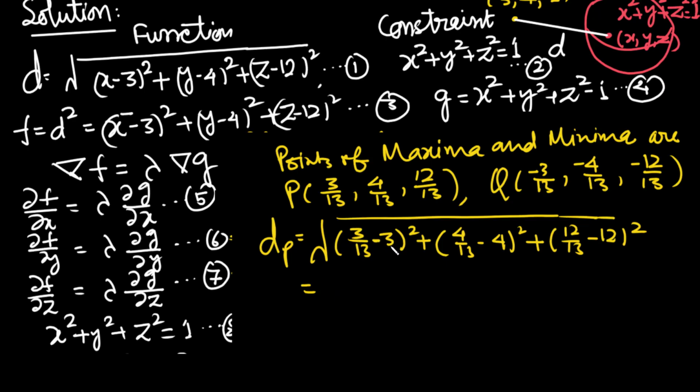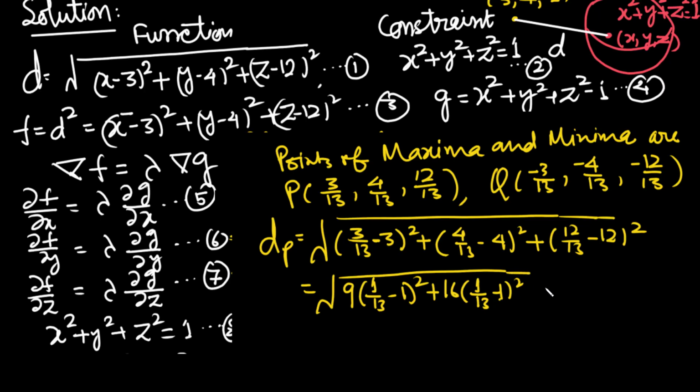From the first bracket we can take out the factor 3, so 3 squared is 9, and inside we have (1/13 minus 1) whole squared. In the second bracket we factor out 4 squared, 16, with (1/13 minus 1) whole squared, and 12 squared, 144, with (1/13 minus 1) whole squared inside.